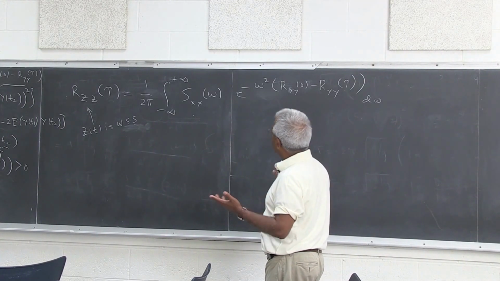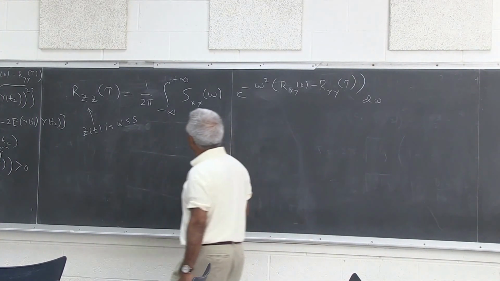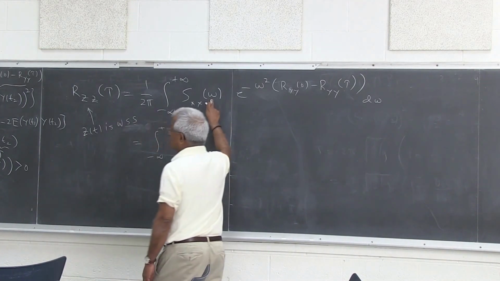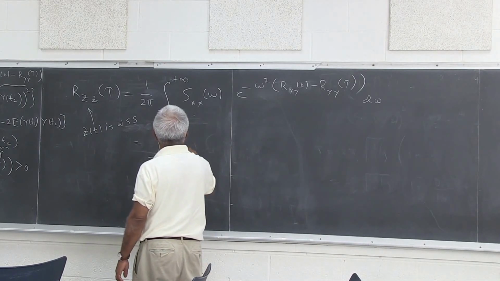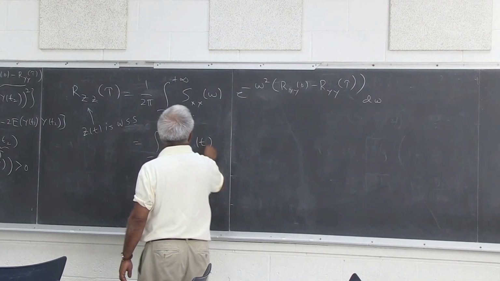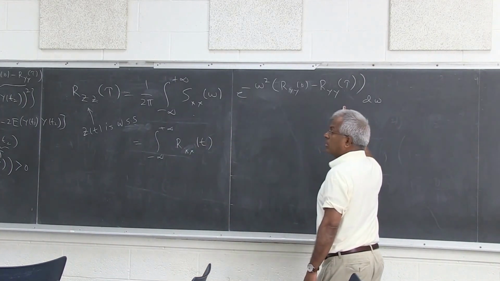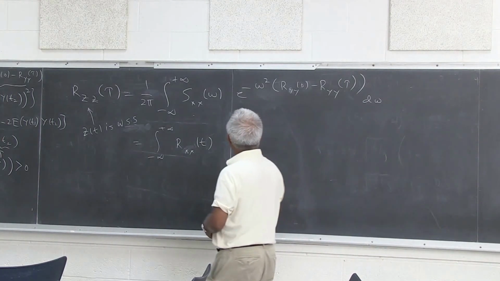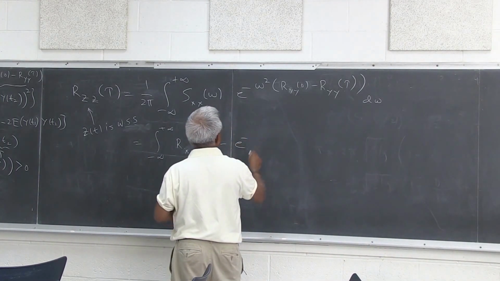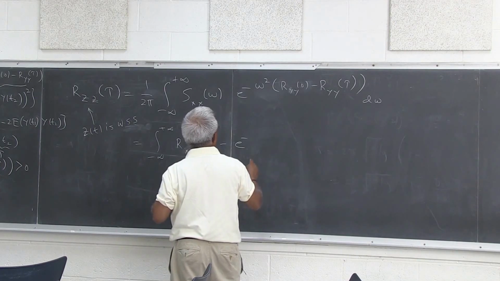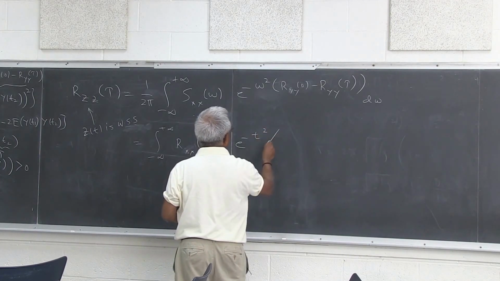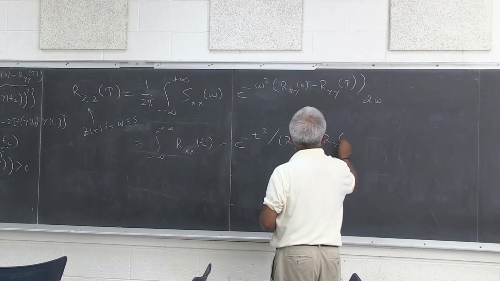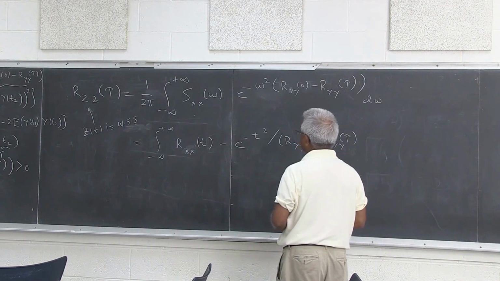And using Parseval's relation, if you want, we can also write this differently. The inverse transform of this is R_xx(tau), and the inverse transform of the Gaussian shape again has the same shape, with the variance coming in the denominator.